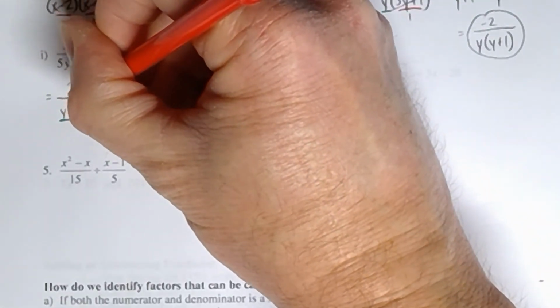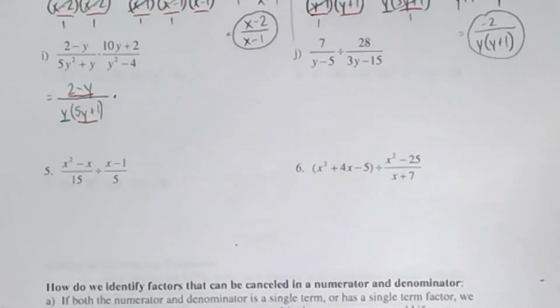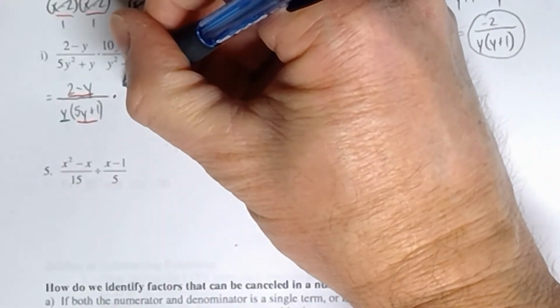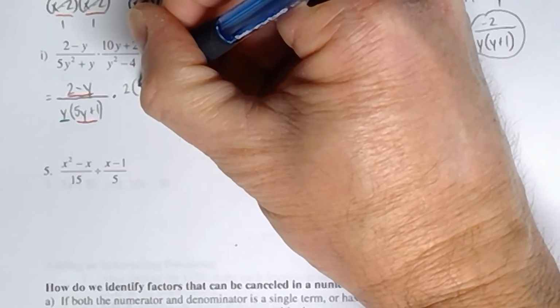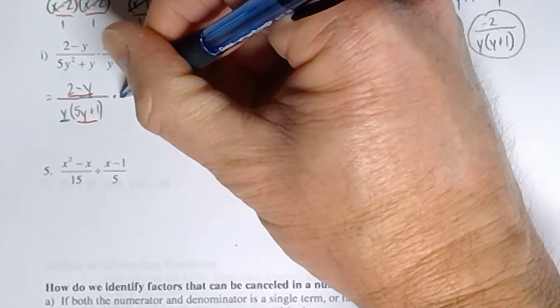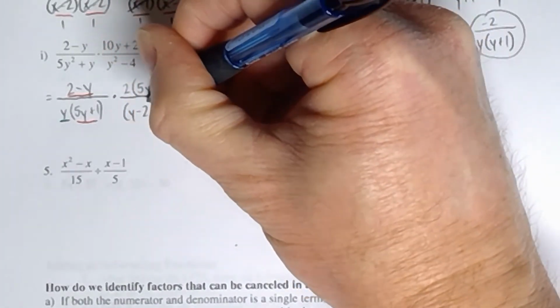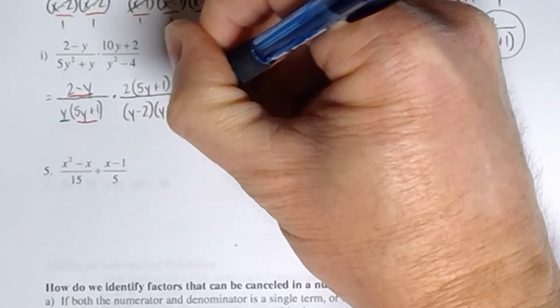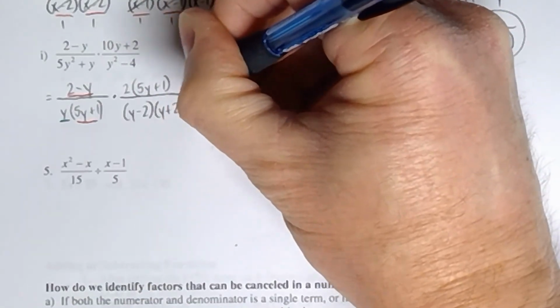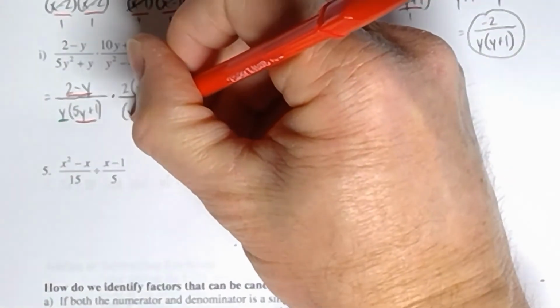All right, this thing was prime, so that's just a single red one up there. 10y plus 2, we can factor a 2 out of that, and we get this. And then underneath that, we get y minus 2 and y plus 2 if you factor y squared minus 4.